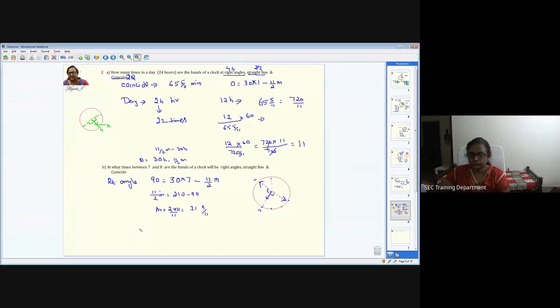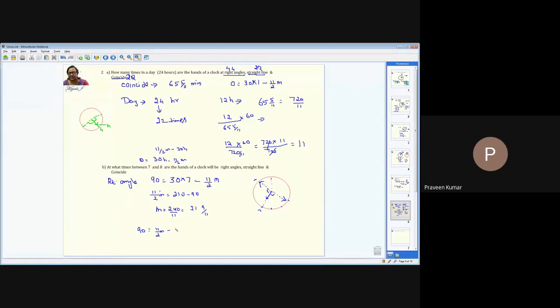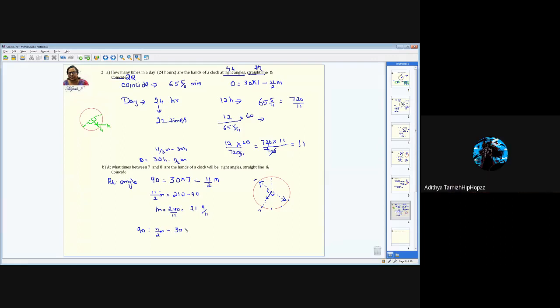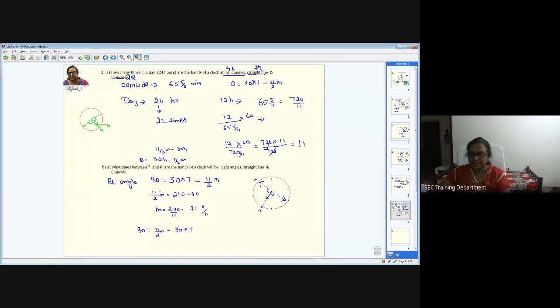So you find out now. Modulus, 90 is going to be 11 by 2 M minus 210. Why 210? 30 into 7, 30H, the same formula. I'm just interchanging these two. So it's going to be 90 plus 210, that is 300, equal to 11 by 2 M. Or I can say M is equal to 600 by 11.